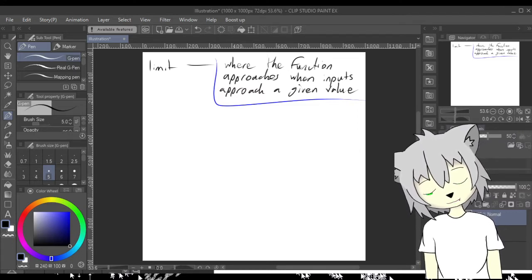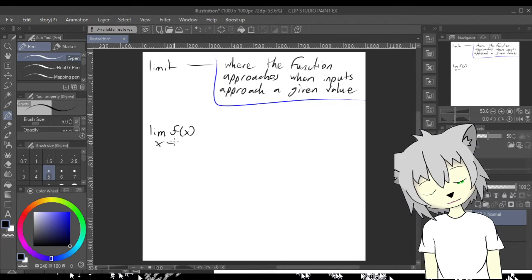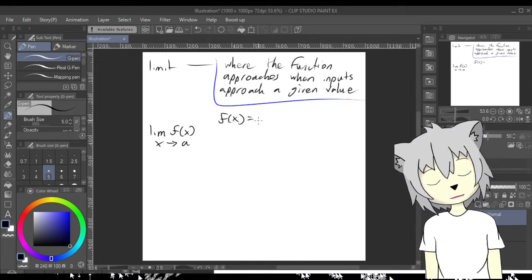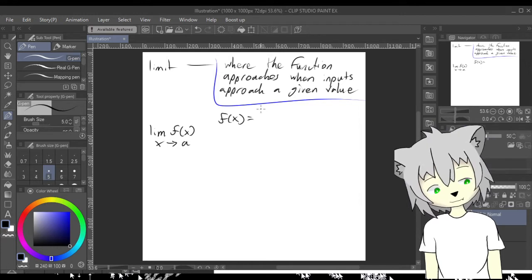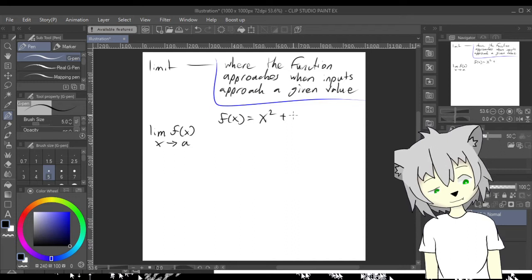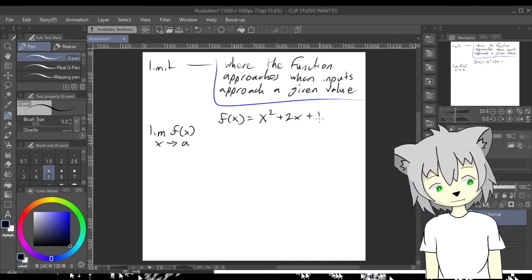So the limit of some function as x approaches some value a. Let's say f of x is equal to x squared plus 2x plus 1.